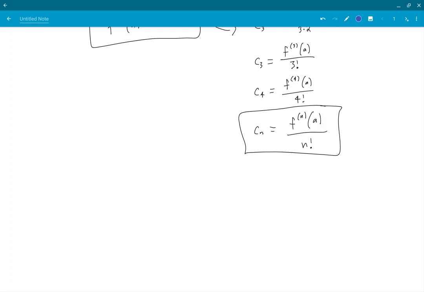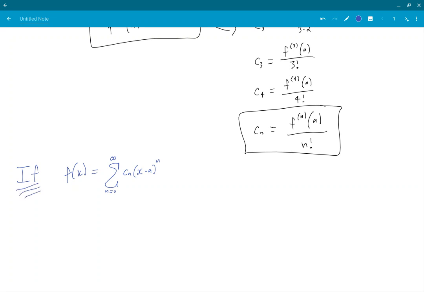So let's write this. If f of x is, say, writable as a power series, so this is a big if, right?